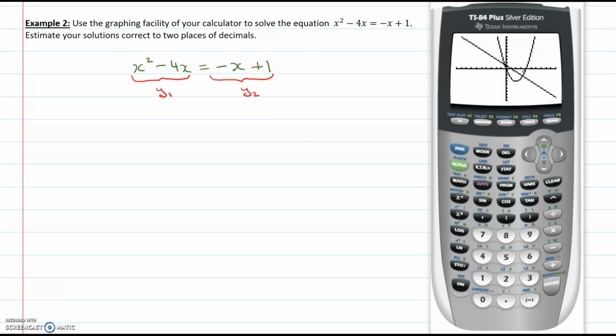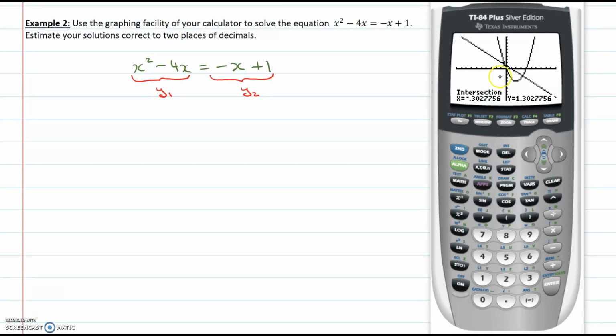So let's start by doing second calc. Again, remember, we want to find out where the curve meets the line, so we're looking for intersect. If we press enter 3 times, once, twice, and 3 times, we get our first answer.